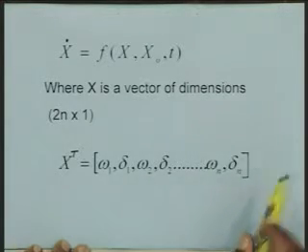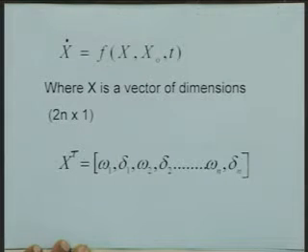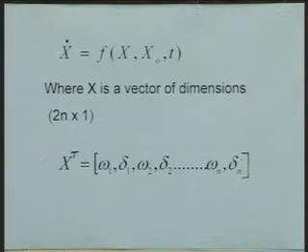Let me just summarize here how we obtain the mathematical model of the system. The first step is that for the given system you perform a load flow study and find out the initial steady state operating condition. Once you have done this, the next step is to replace all the loads by constant impedances.